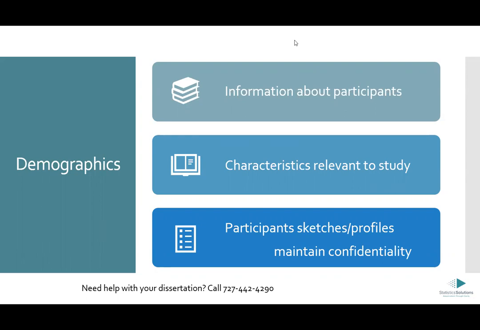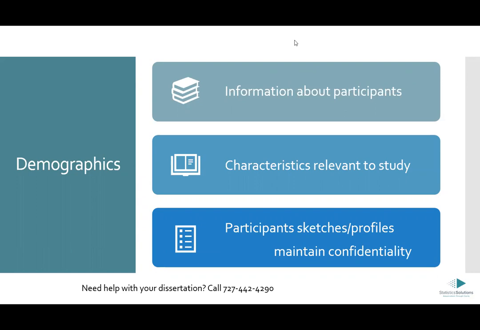Another example, if you're doing a study in a school and you're trying to understand professional development opportunities available to teachers, you may want to describe how long someone has been teaching, maybe how long they've been at that particular school, how many opportunities to receive professional development that they are reporting.